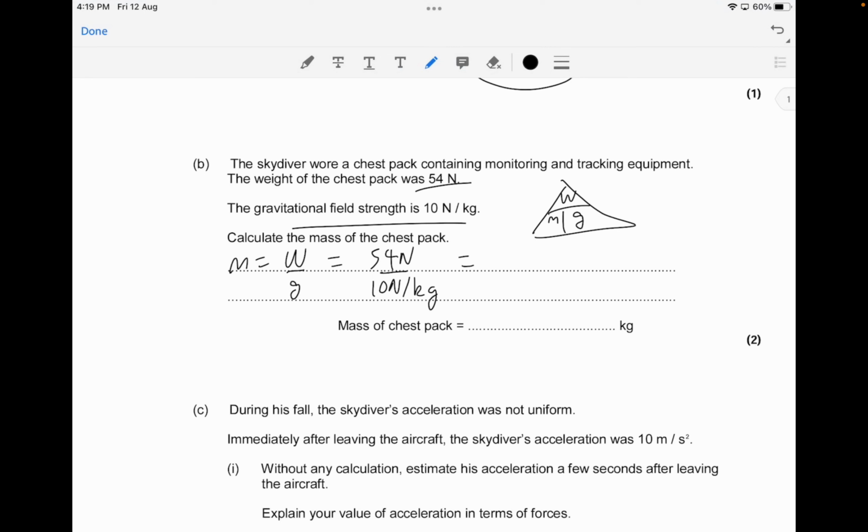That is 54 divided by 10, which gives us a value of about 5.4. So 5.4 kg is your answer for the mass of the chest pack. I'm just using the formula here in order to solve this type of question. All right, let's move on to the next question.